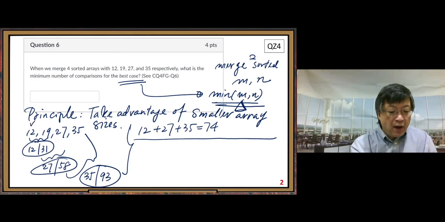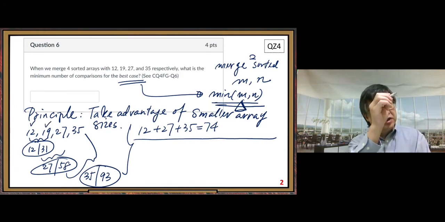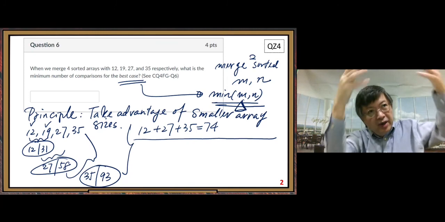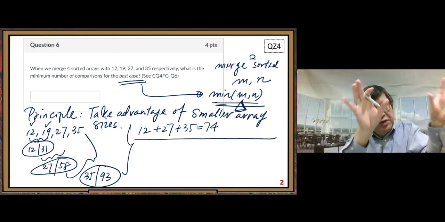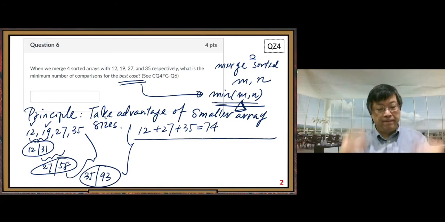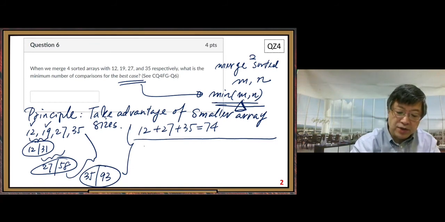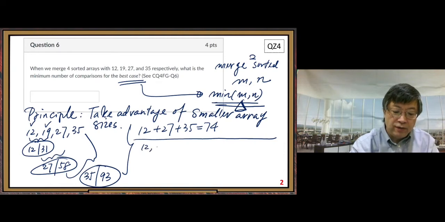Array size 12, smallest, 19, second smallest. We try to make use of these two smallest array sizes as much as we can. For that purpose, we do this: 12 and 27, merge these two.